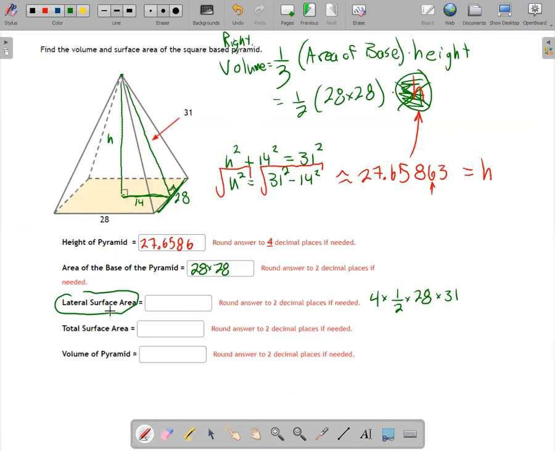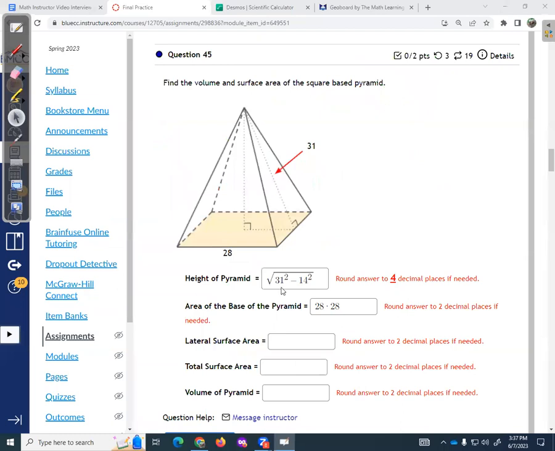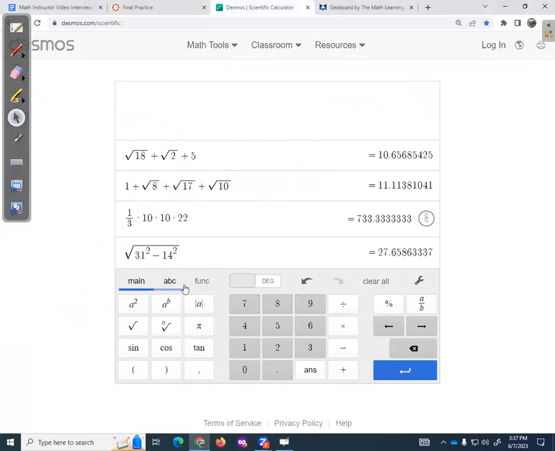The total surface area is the area above plus 28 times 28, the area of the base. And the volume we're about to calculate right there. So let's get a few more calculations going on here. In my calculator, that would be the height.